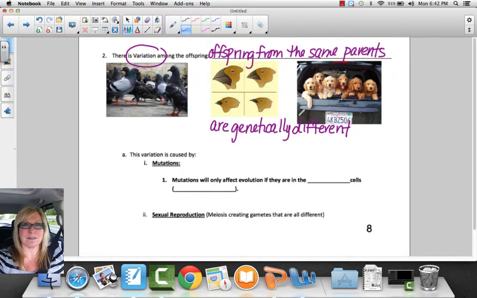So here you have a litter of pups. They all came from the same parents, but they're not exactly the same. Same thing with pigeons.